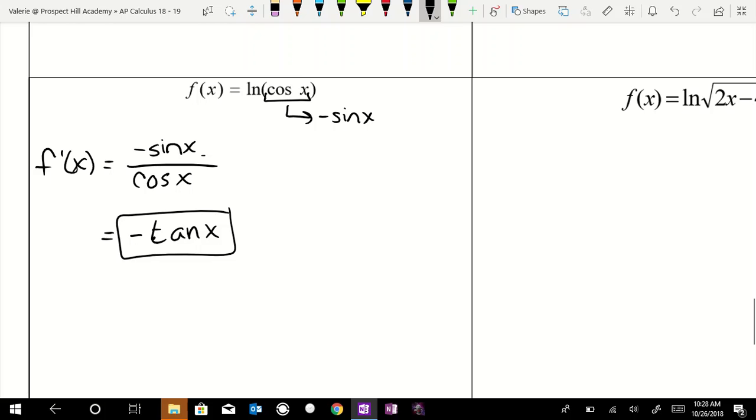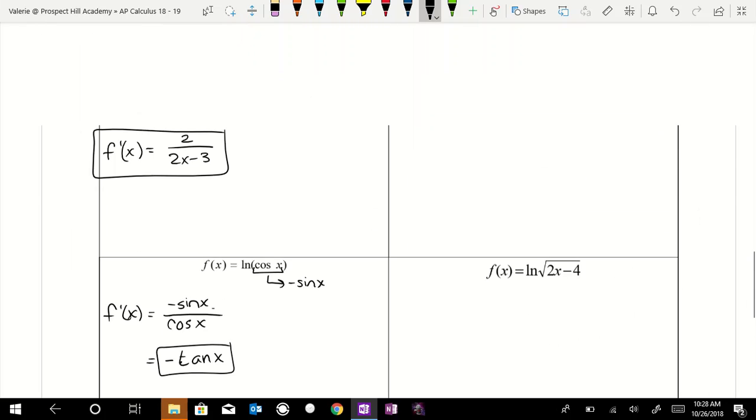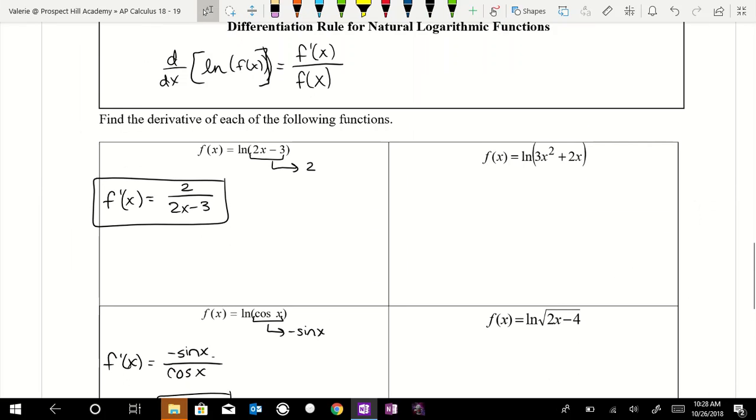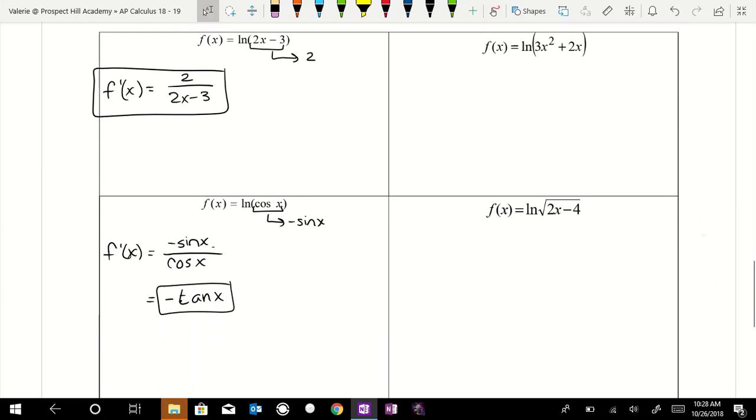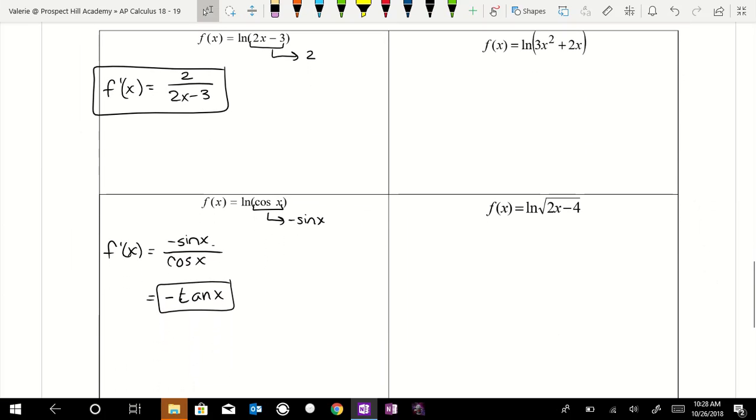All right. What I want you all to do now is use that same idea on the right side of the functions, remembering that for the second problem, what's inside the ln function is square root of 2x minus 4, right?